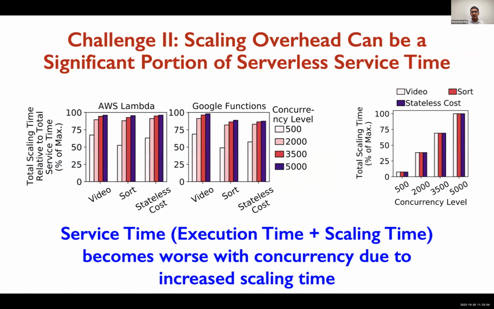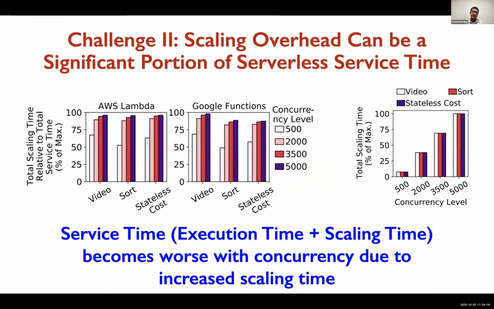The next problem that we face is the problem of scaling time. In general enterprise serverless applications, as well as in an HPC DAG, the number of components can be large. The number of concurrently invoked components can be in the range of multiple thousands or even tens of thousands. In that case, we observe that the scaling time can be a significant portion of the service time.